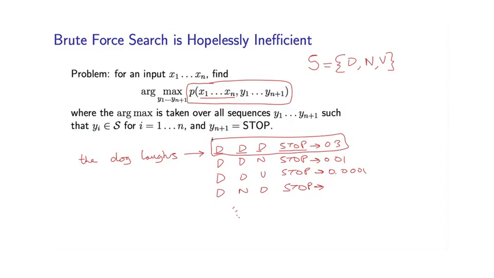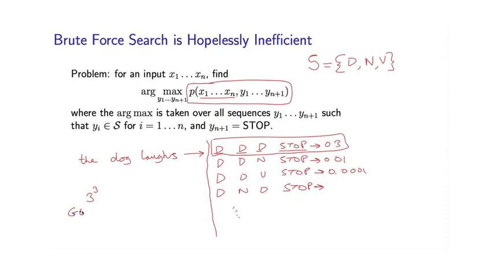The problem with this approach is that the number of possible sequences grows very quickly with the length of the sentence. In this particular case, I have 3 to the power 3 possible sequences, because there are 3 choices for the first tag, the second tag, and the third tag, and each of those choices has 3 possibilities.